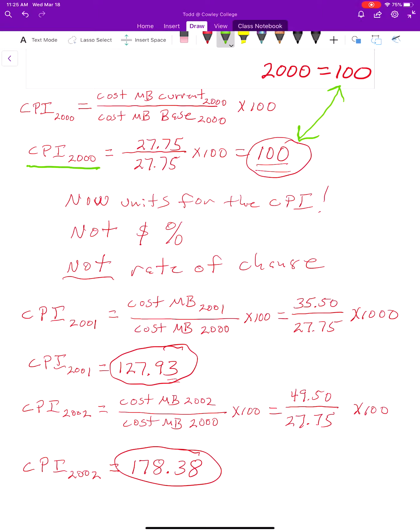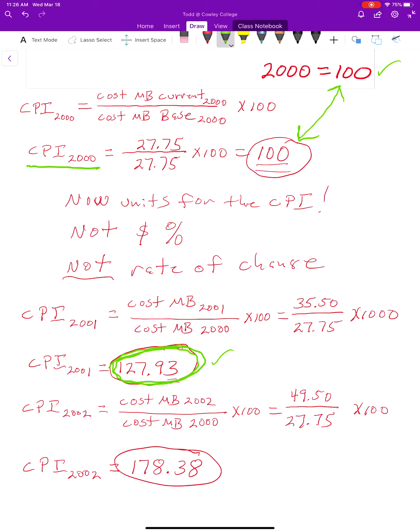All right. Now, that being said, look at the consumer price index number for 2001. What this value says is if the market basket cost us $100 in the year 2000, the same market basket will now cost us $127.93 in 2001.